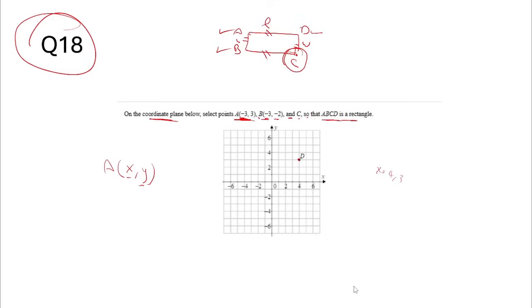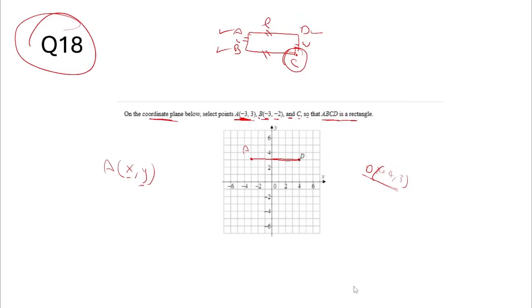So this is D. So D will be 4 and 3, that means 4 x and 3 y. Now let's locate point A. Point A is minus 3, 3. What is minus 3 in x? 1, 2, 3. Y is 3. 1, 2, 3. So this is point A.